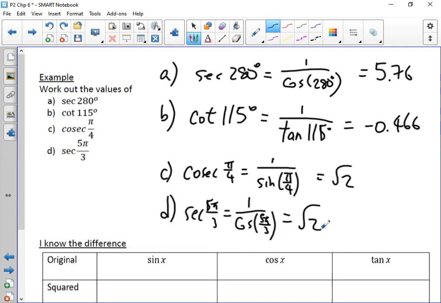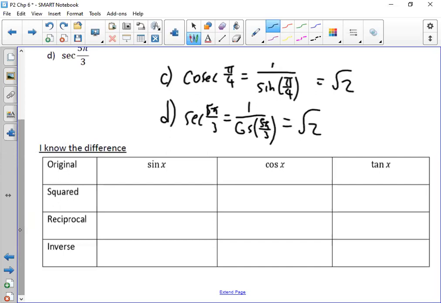Right, next one. You have to be able to tell the difference between squared, trigonometric function, reciprocal, and inverse. Now, this table helps you to distinguish them separately, because down the line, students do get confused which one is which. Squared: sine x squared is the same as sine squared x. Same with cos: cos x squared is the same as cos squared x.